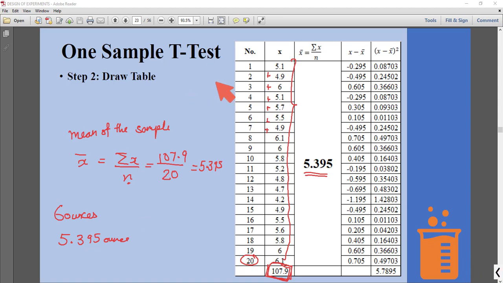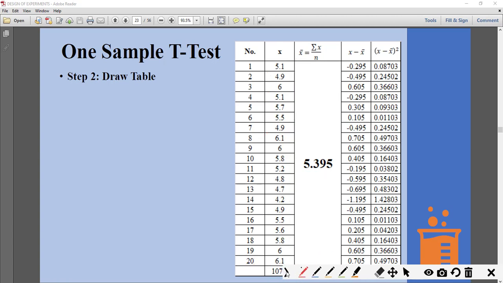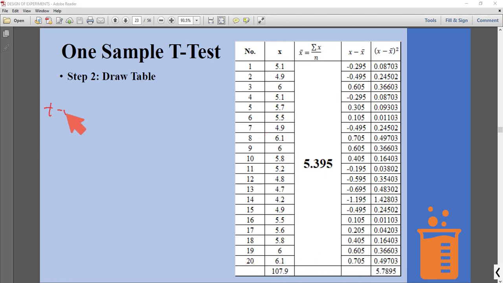So what is the formula for the t-test? We have seen in the last sum also. The formula for the t-test is what? T value is equal to square root of n divided by s.